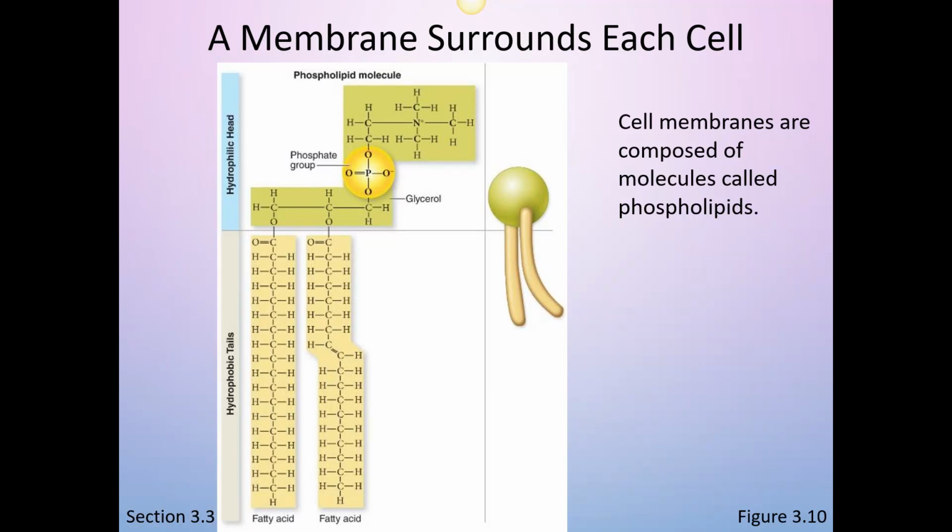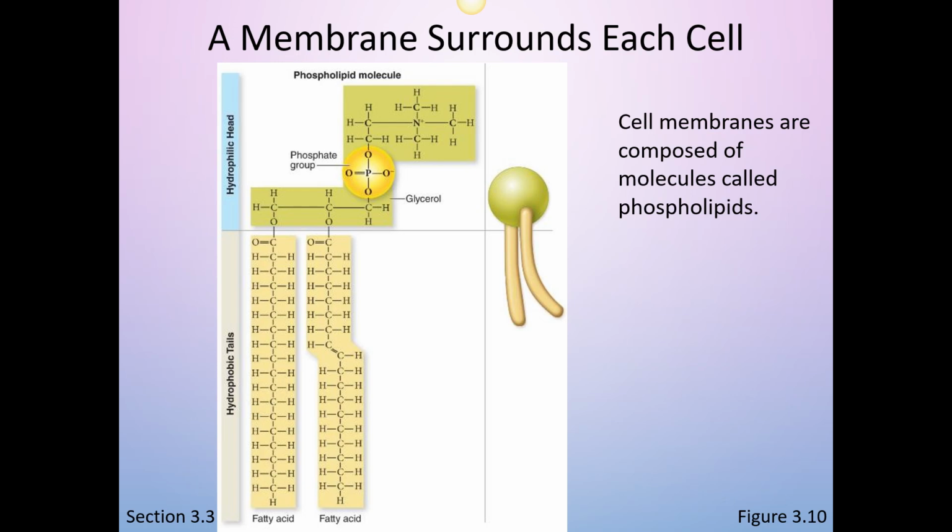So a membrane surrounds each cell, no matter whether it's prokaryotic, eukaryotic, multicellular, or unicellular organism, you're going to have a membrane. That membrane defines the boundary of the cell. And every membrane in every living organism is made up of phospholipids, and it's a phospholipid bilayer.